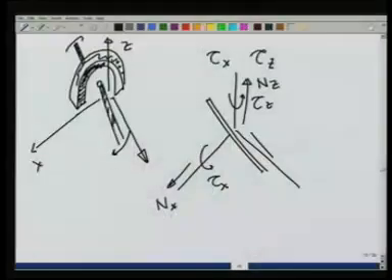In addition, if it were also fixed along the y axis, if the shaft was completely fixed, then it would also provide a force in the y direction. If it was not free to rotate, it will also provide a torque along the y direction. So, you can do analysis like this and find out what all kinds of forces and torques an engineering element can tolerate or provide for equilibrium.